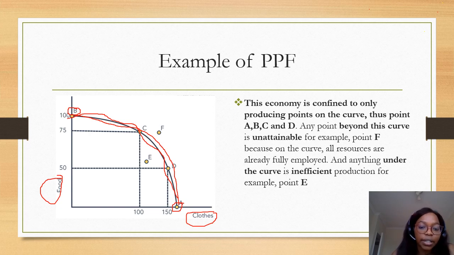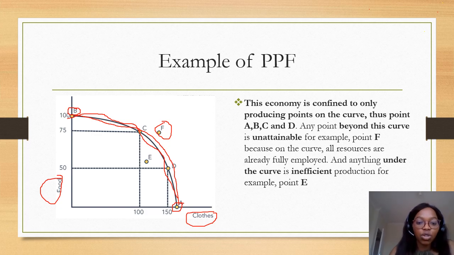A point that is beyond the curve, for instance, point F, would be unattainable. Because remember, with that term of ceteris paribus, we are assuming that the resources and the economic conditions in this economy remain constant.